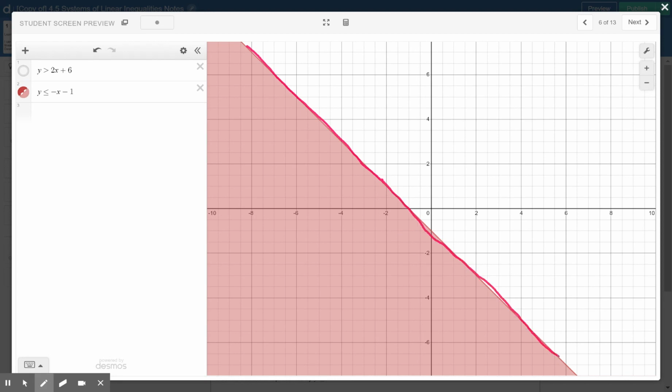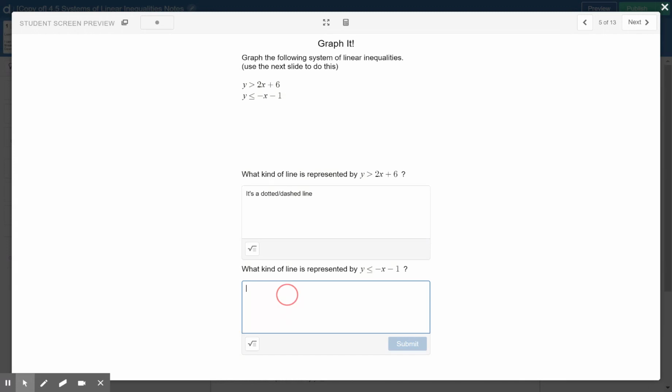So once again, Desmos will do that for you. So that means every single solution or every single point on that line, on that boundary line, is a solution. It's included. It's like a closed stop. So go back to slide number 5, and you can say it's a solid line.